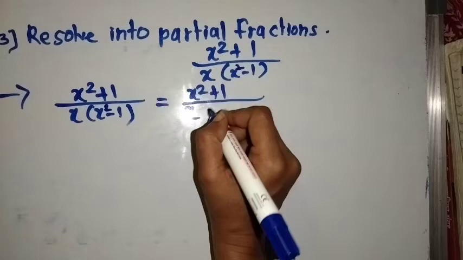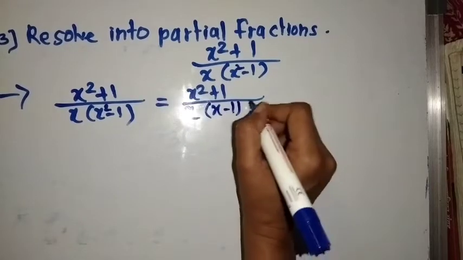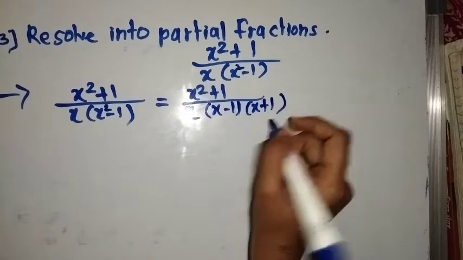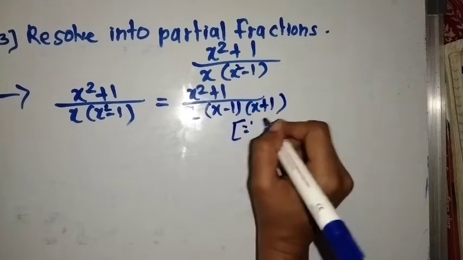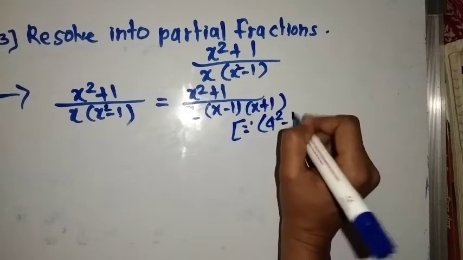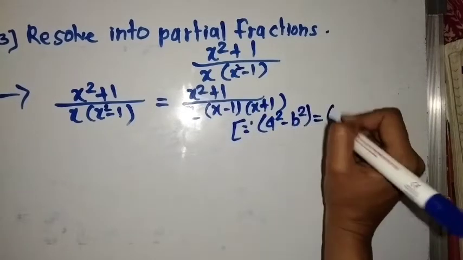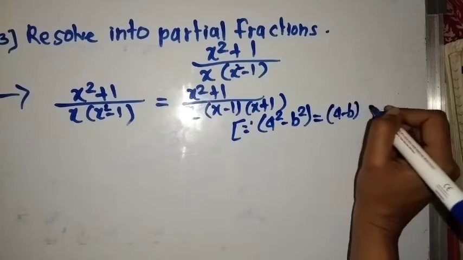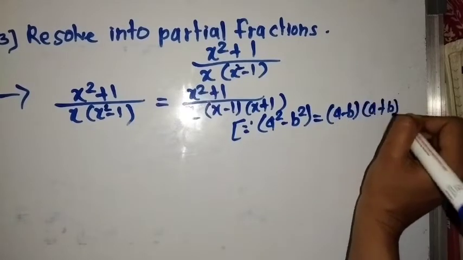So x square minus 1 is x minus 1 into x plus 1. Here we use the formula a square minus b square is equal to a minus b and a plus b.